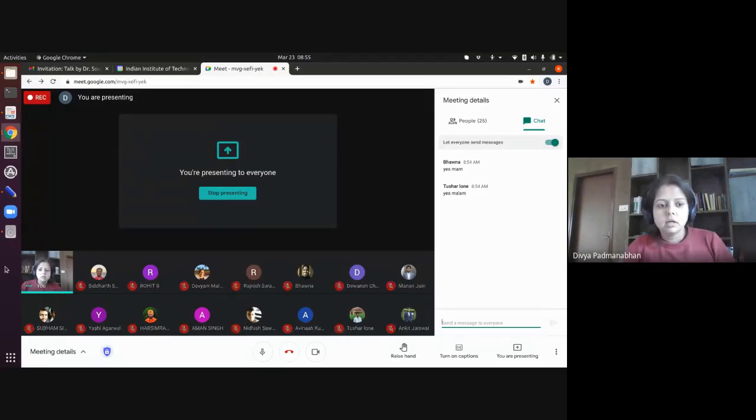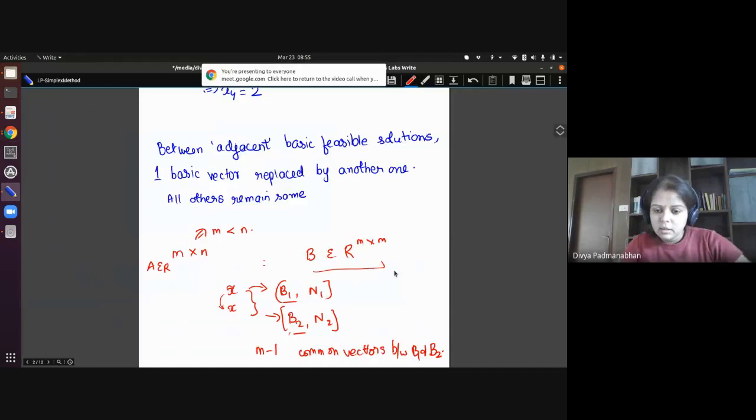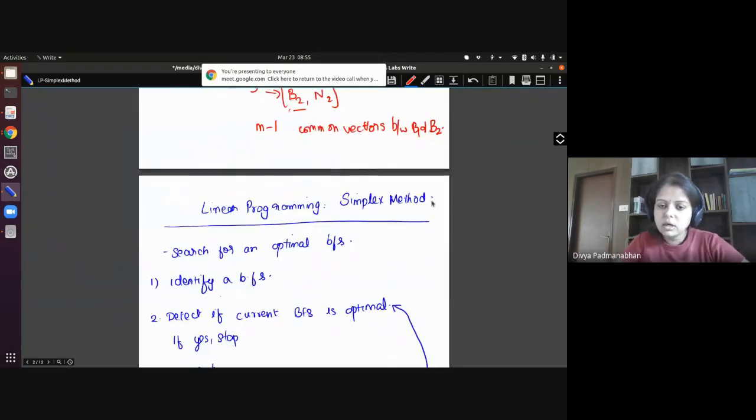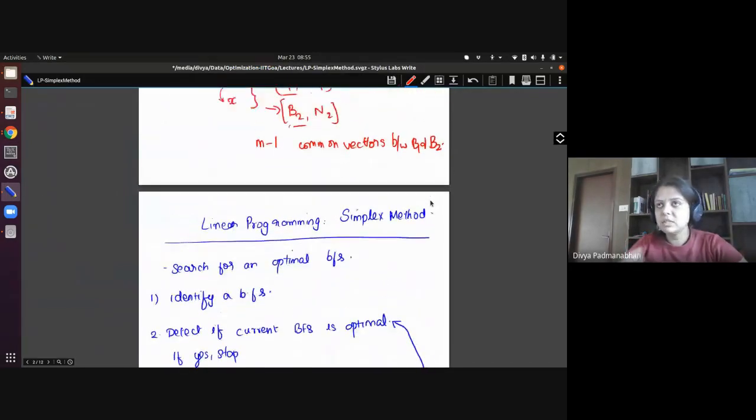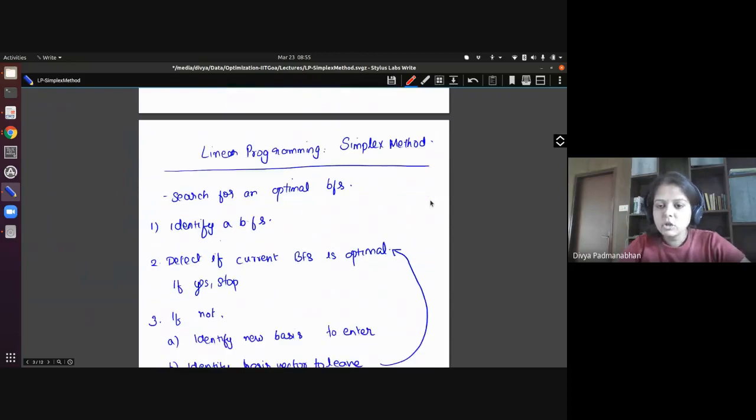Now the idea in simplex methods. These are some of the sub components which come in the simplex method. The overall procedure in the simplex method goes like this. It's all about identifying the basic feasible solutions, as I said earlier, and you don't enumerate all of them.